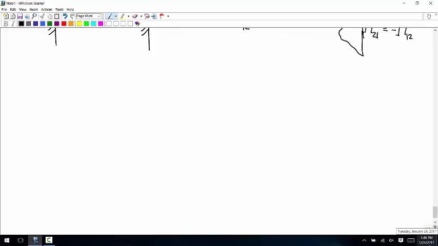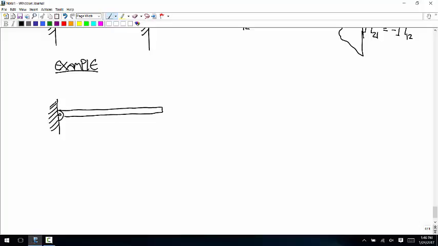All right, let's do one quick example. So let's say we have a bar connected to the wall by a pin joint, and touching a roller at its midpoint.